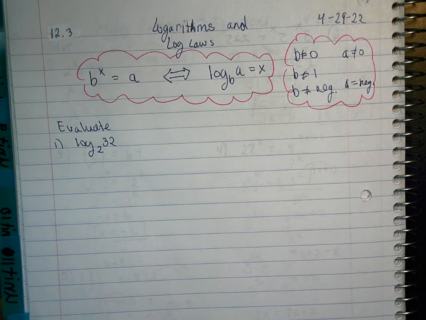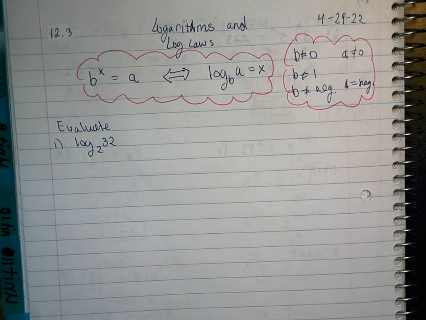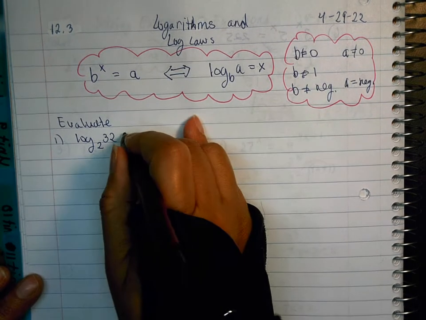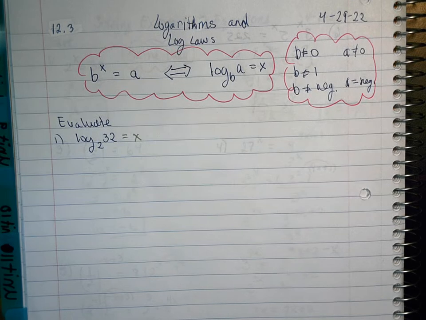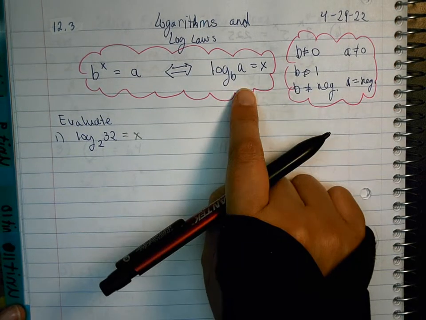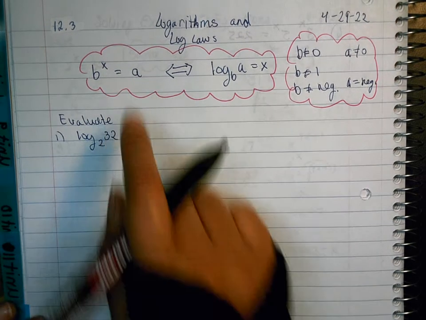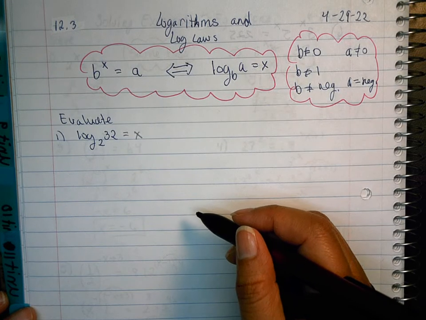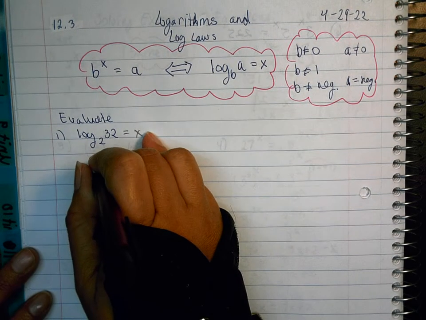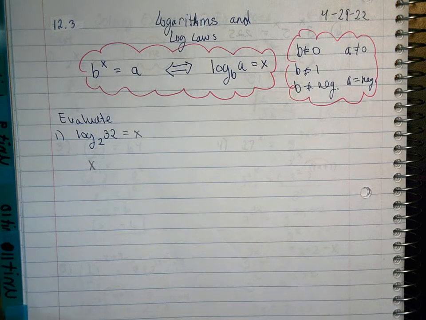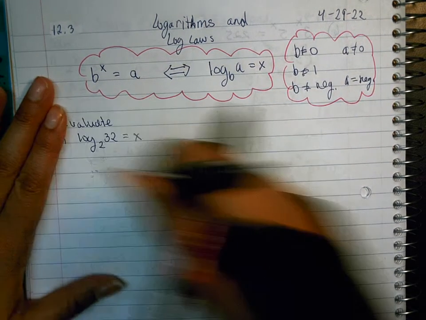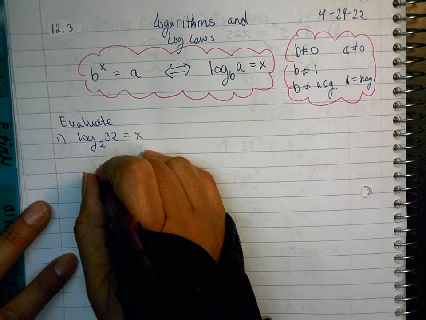which means this says evaluate. It does not say solve. We will be dealing with solving next week, but I am going to make it equal to x, so I am going to make it an equation so that I can rewrite it. So I'm going from here to here. And I write it as 2 raised to the x equals 32.